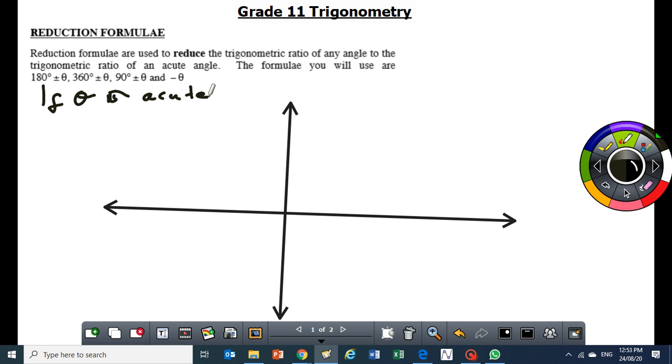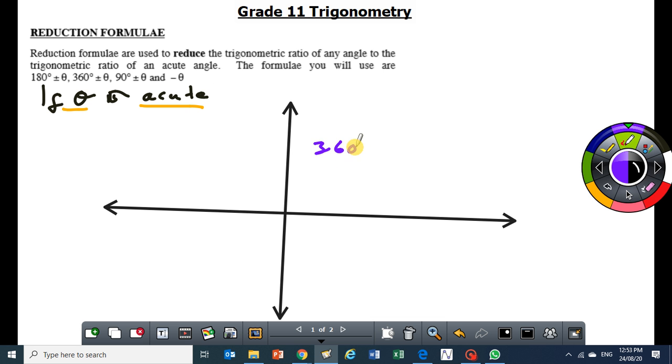Right, so I'm going to start with the following. In the first quadrant, if theta is acute, please take note that theta is acute, which means it's between 0 and 90. So if you have got 360 degrees here, let me write it this way.